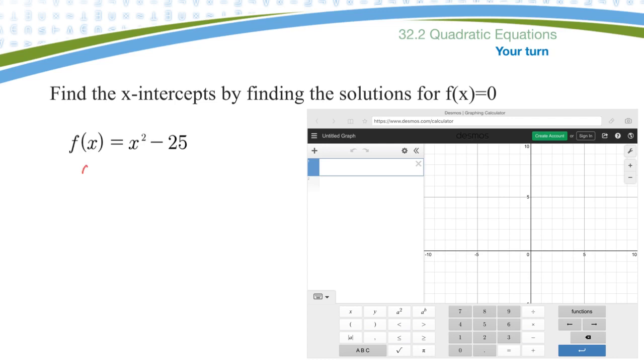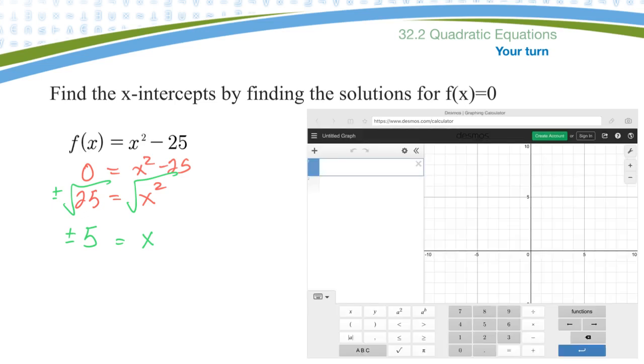So I'm going to set this to be 0, add 25 to both sides, and use the square root principle, remembering my plus or minus there. So then x is equal to plus or minus the square root of 25, which is just 5. Let's graph this and just see what that looks like.